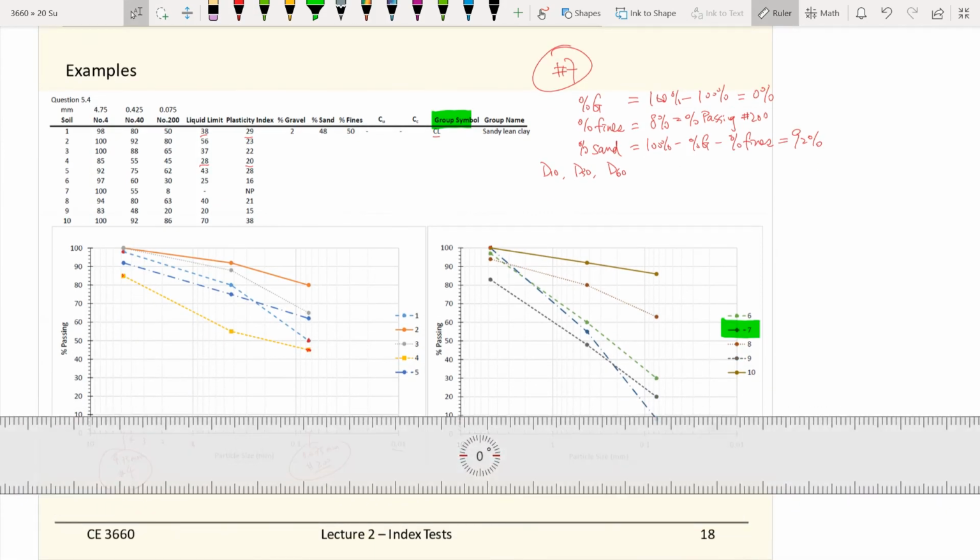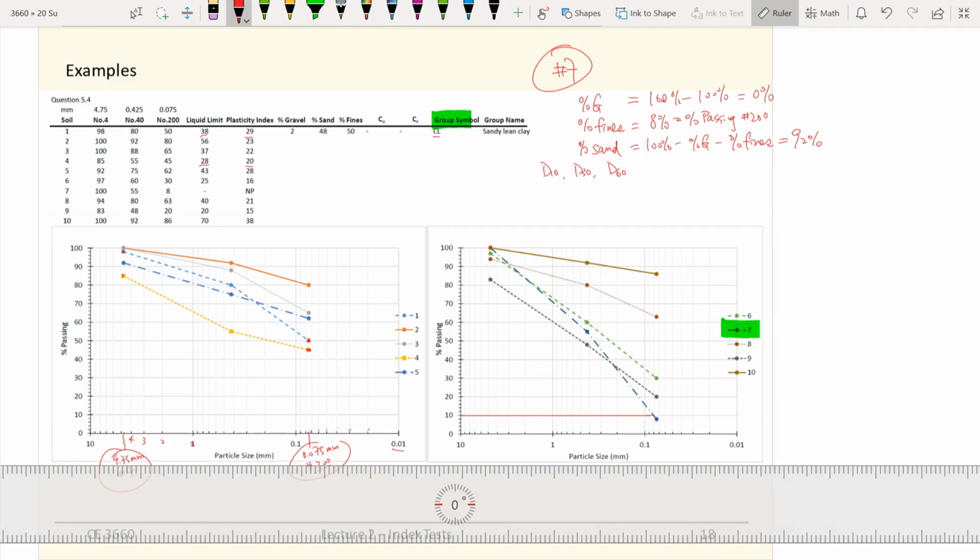If we go to 10% on the y-axis and go back to the curve, wherever we hit the curve is our D10.